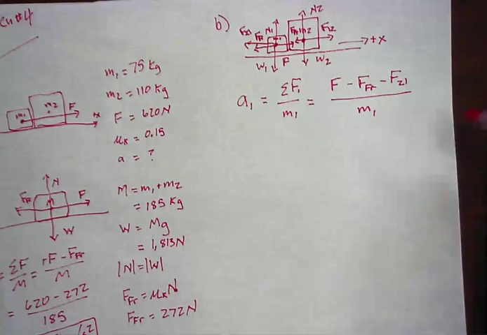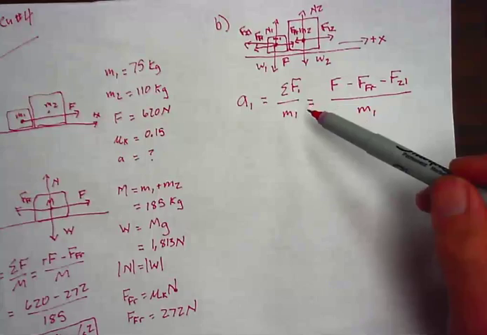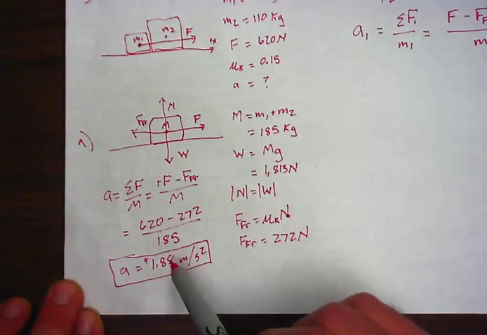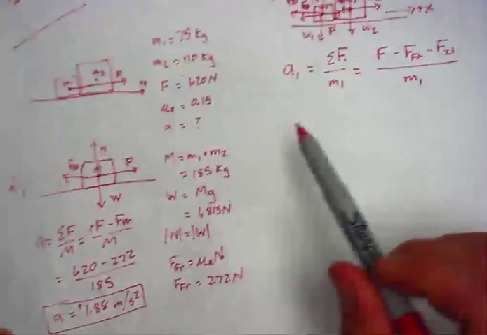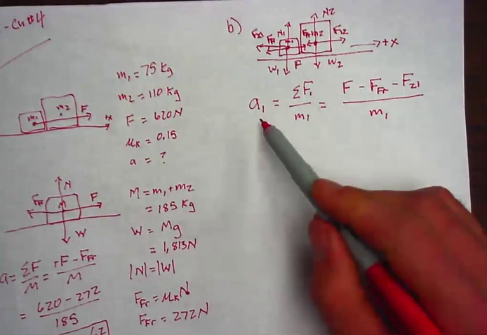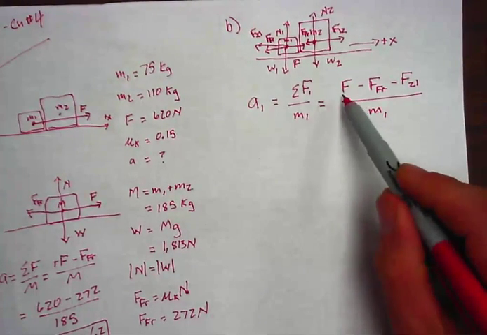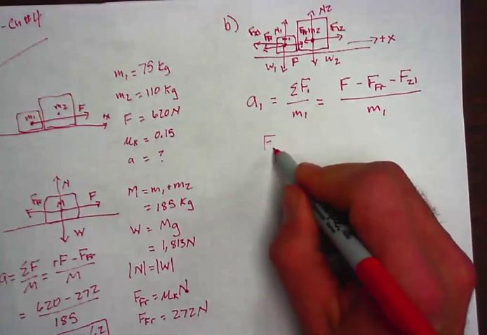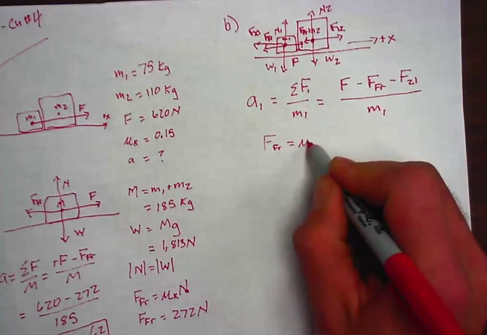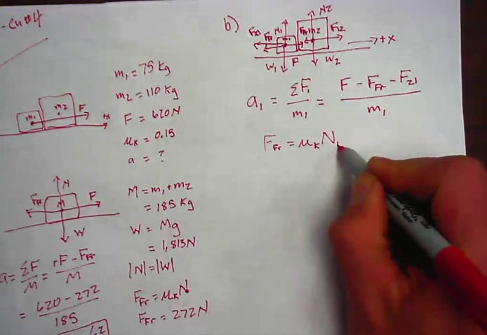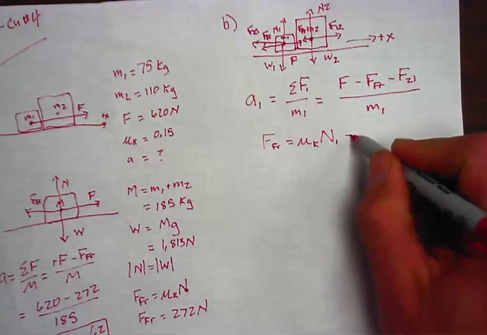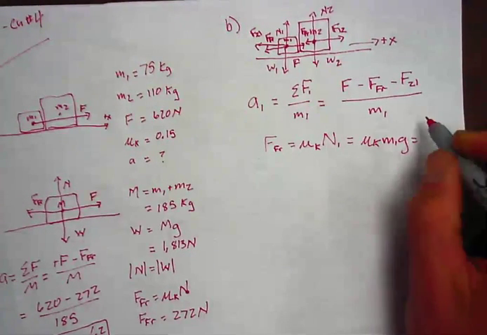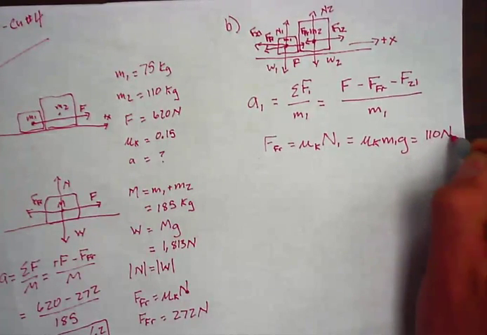All right, let's see what I know here. I do know the acceleration of box 1. As we showed before, box 1 is accelerating, as the system is, at 1.88 meters per second squared. So I know a, I know mass, I know this force. I should be able to figure out the friction force on box 1. That would be mu sub k times the normal force on 1, which is mu sub k m1 g, which would be 110 newtons.